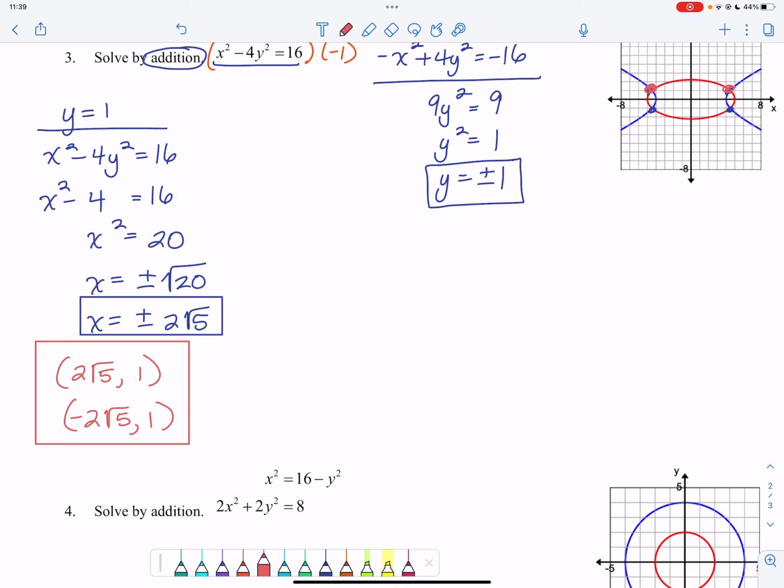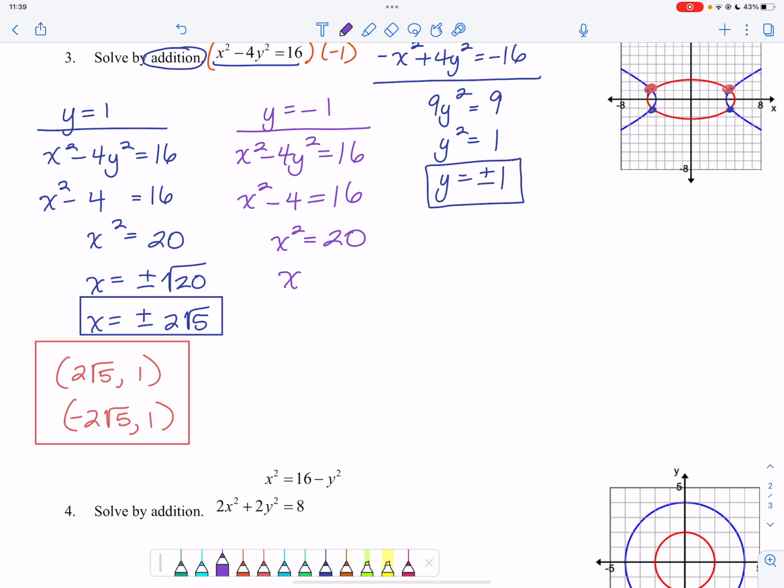So now we'll look for those other ones, okay? So now we'll have y equal to -1. And if y is equal to -1, and we're using x squared minus 4y squared equals 16, here we get x squared minus 4 equals 16. And we're back again to x squared equals 20, x equals plus or minus root 20, and x equals plus or minus 2 root 5.